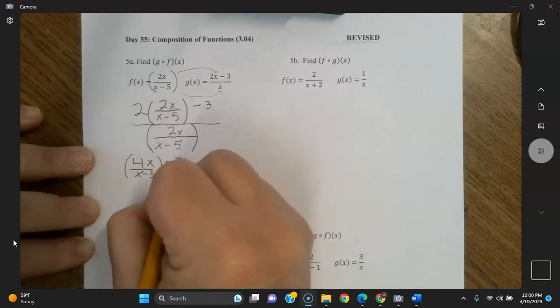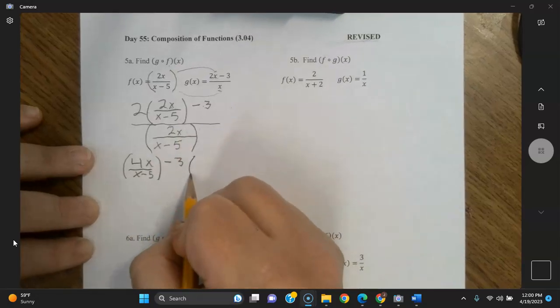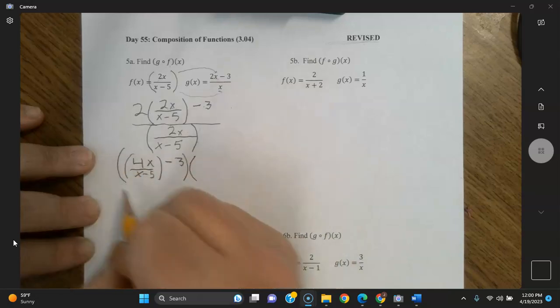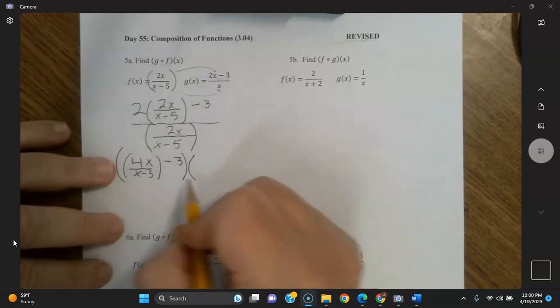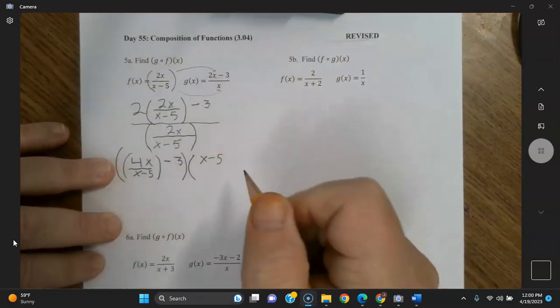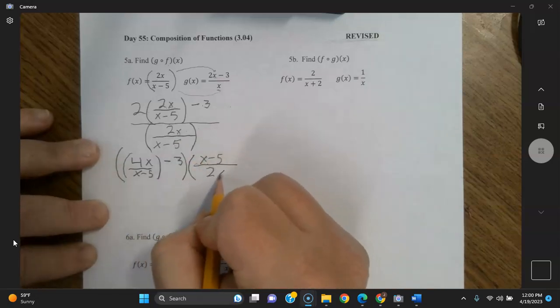And then it's minus 3. And then up here, I'm going to wrap this whole thing in parentheses. I normally don't like double parentheses, but there they are. I'm going to put the x minus 5 up on the top, and I'm going to put the 2x on the bottom here.